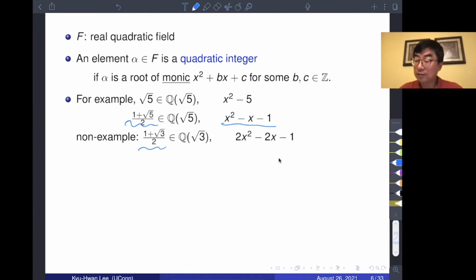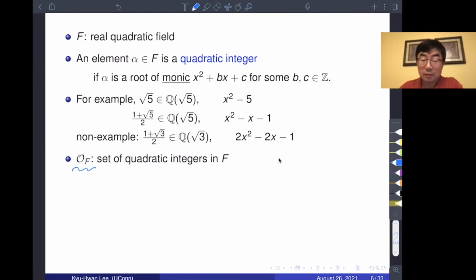But this number is not a quadratic integer because it is a root of this polynomial: the first coefficient is 2, and there is no way to make it a monic polynomial. So this is a non-example.